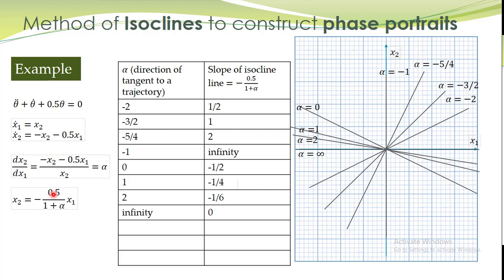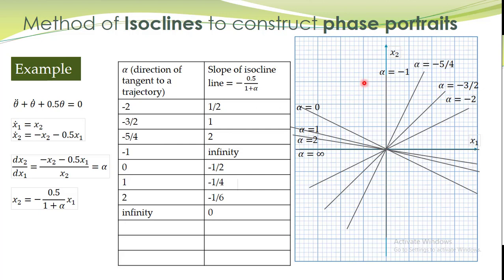Is it clear? Since I have selected these values of alpha which were not equally spaced, therefore the isoclines which I have drawn over here are also not equally spaced. So let's draw some lines over here as well, in the empty space. So how should we choose the values of alpha?